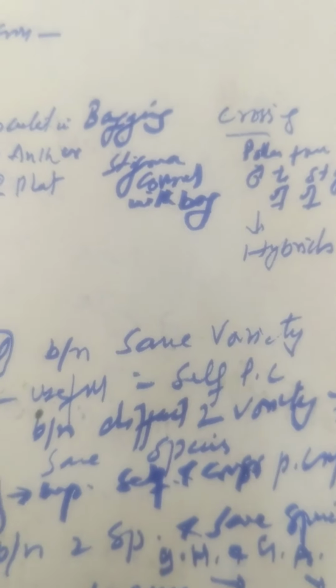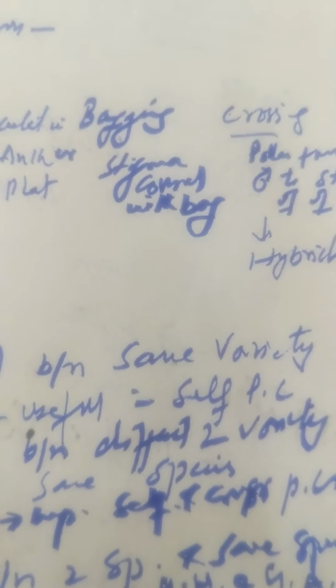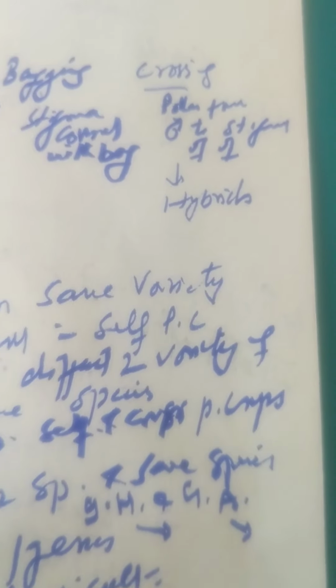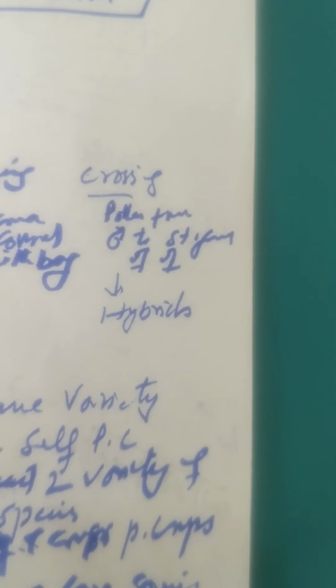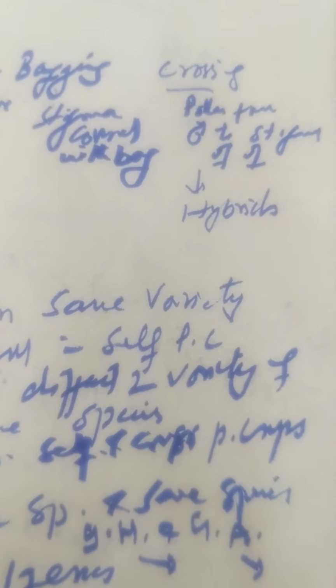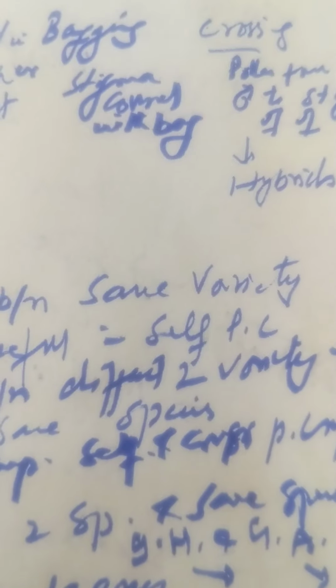Bagging is done to avoid foreign contamination of the stigma, and then the cross is made. The female plant is crossed with the selected male plant using its pollen. The pollen is deposited on the stigma and covered, and the result is a hybrid plant.